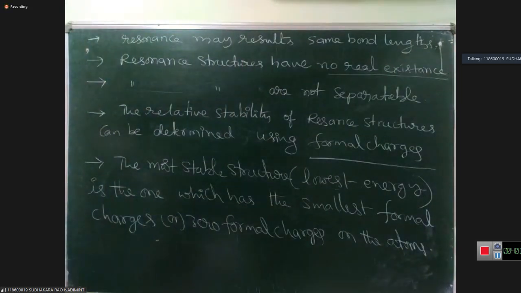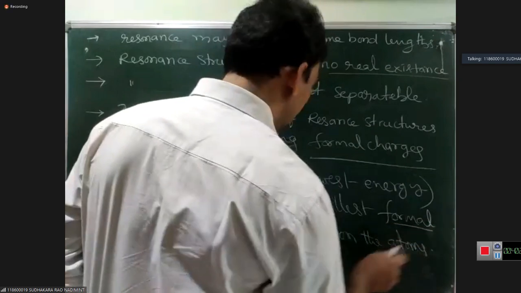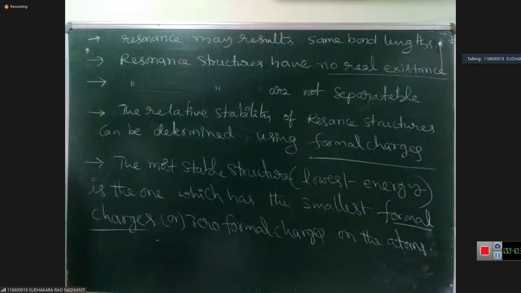So which is the most stable resonance structure? The one which has the smallest formal charges or zero formal charges on the atoms. Now we need to learn what is meant by formal charge.